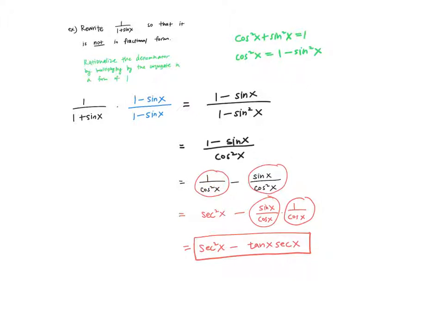So 1 over cosine squared x became secant squared x, and then sine of x over cosine squared x became sine over cosine, which is tangent of x, and 1 over cosine, which is secant of x. So again, the whole point was to try to get a non-fraction, which we did at the end, and you had to go through a bunch of steps to do that.